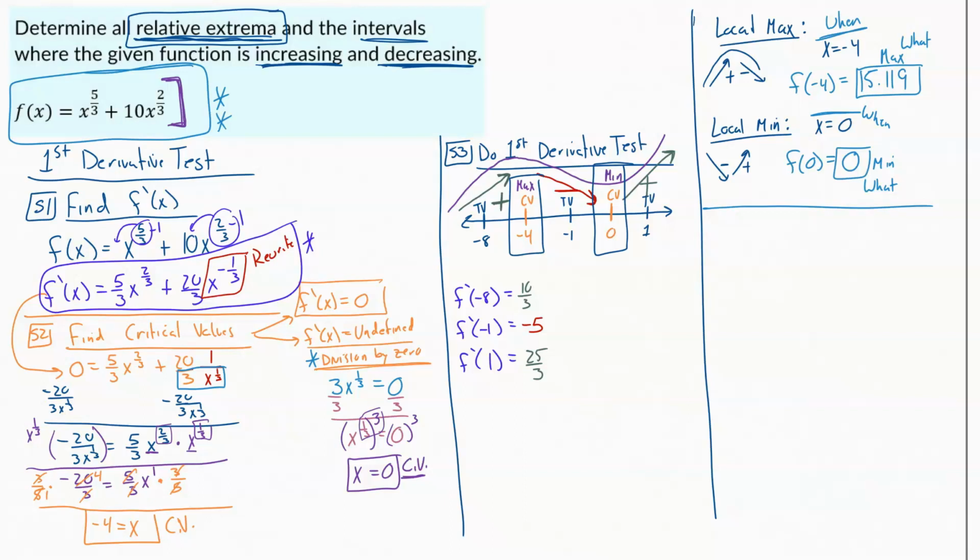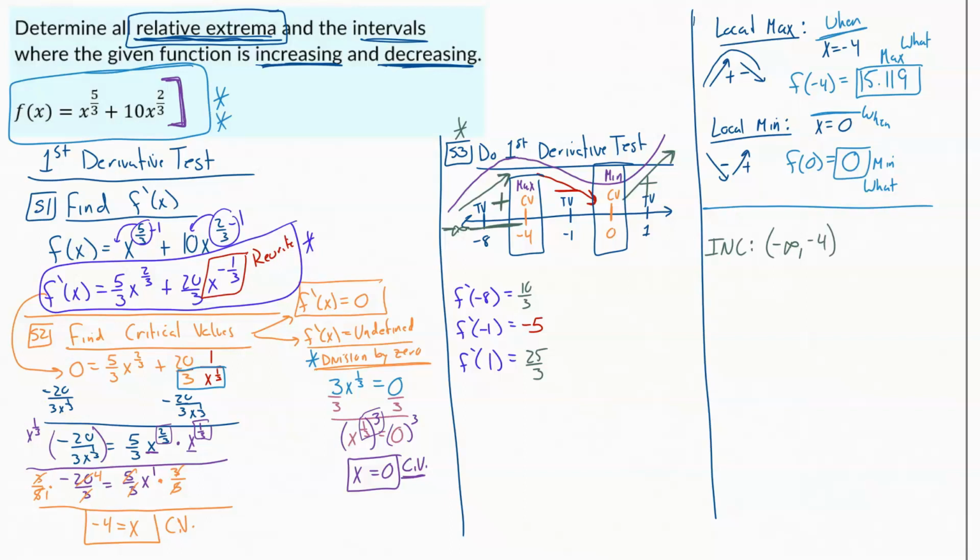And then we come back and we just need to find where our function is increasing and decreasing. Again, read your info off of your first derivative number line. I can see from there that my graph is increasing, starting at -infinity and ending at my critical value of -4. Infinity never gets a bracket. That's always a parenthesis.